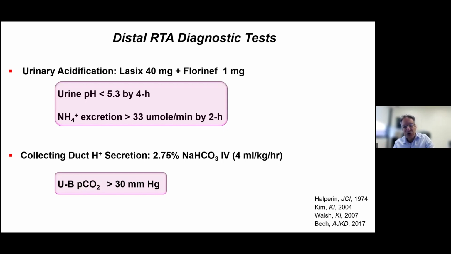Now, that thought would only be true if in the collecting duct you did generate carbon dioxide, which there's no reason to think you wouldn't, but that carbon dioxide did not get reabsorbed into the blood when the urine got into the ureter and the bladder, and was actually still elevated when the urine came out. And he found, and other people had known from studies in the 50s and 60s, that indeed you can raise the PCO2 in the urine to about 30 or 40 higher than in the blood this way.